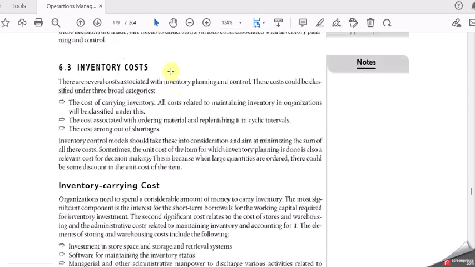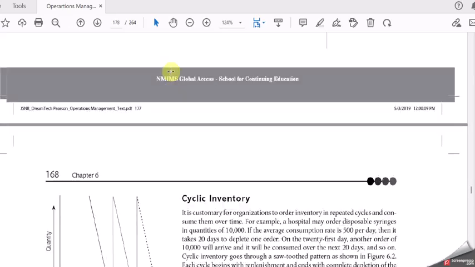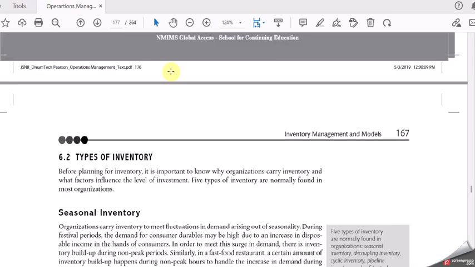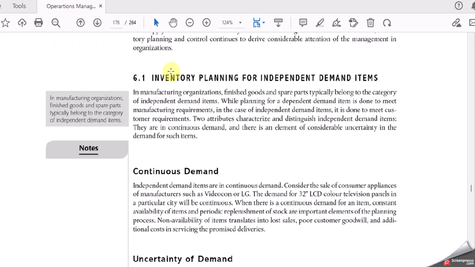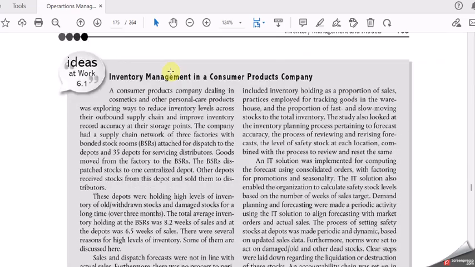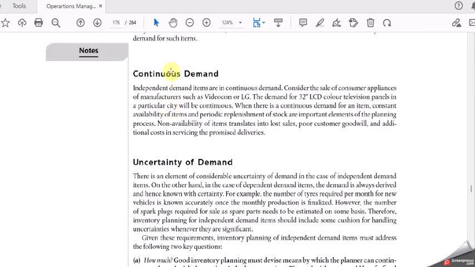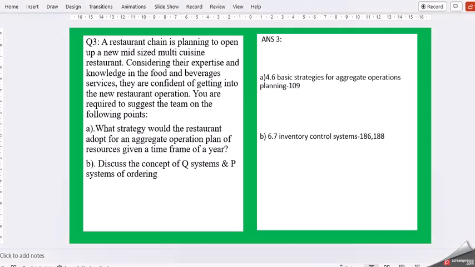You can start with the introduction, decoupling inventory, types of inventory, and management. Try to write up some information about inventory and come as close as possible to 500 words.